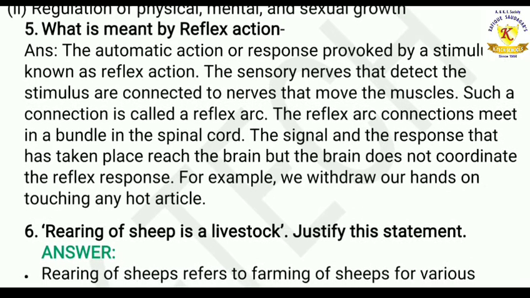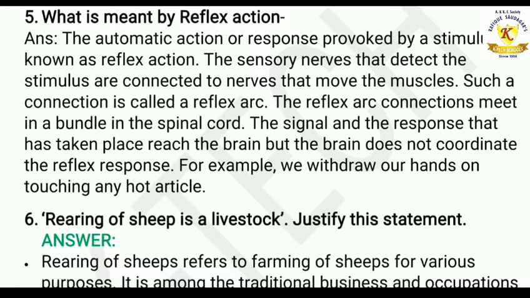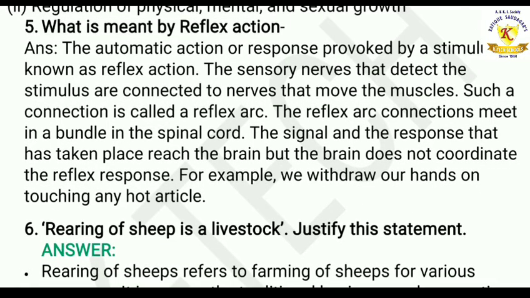Fifth one, what is meant by reflex action? Answer, the automatic action or response provoked by a stimulus is known as reflex action. The sensory nerves that detect the stimulus are connected to the nerves that move the muscles. Such a connection is called a reflex arc.